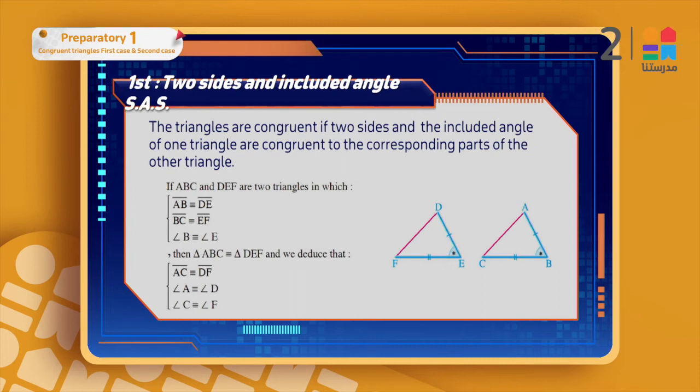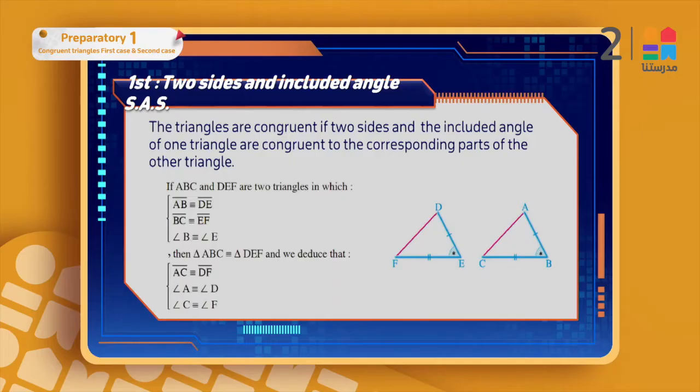AC is congruent to DF, angle A is congruent to angle D, angle C is congruent to angle F. So, the triangles are congruent if 2 sides and the included angle of one triangle are congruent to the corresponding parts of the other triangle.